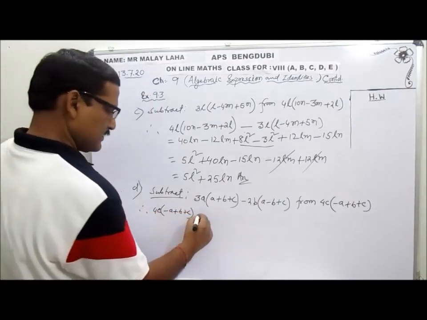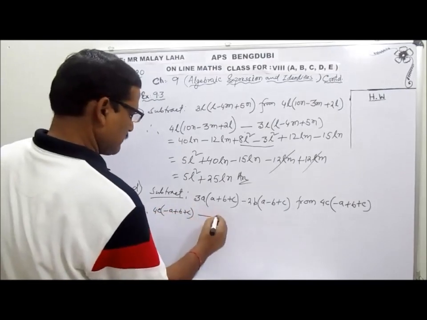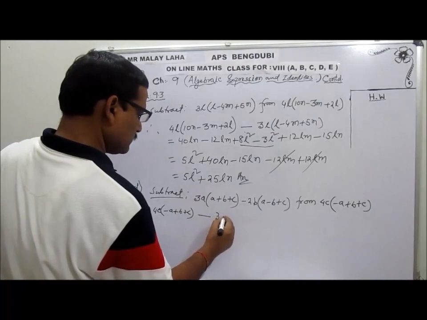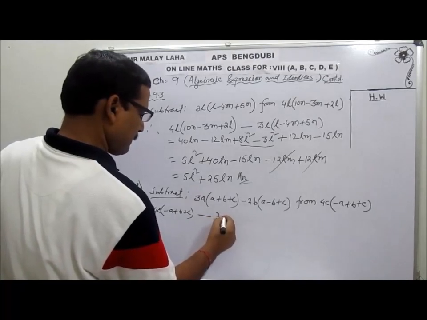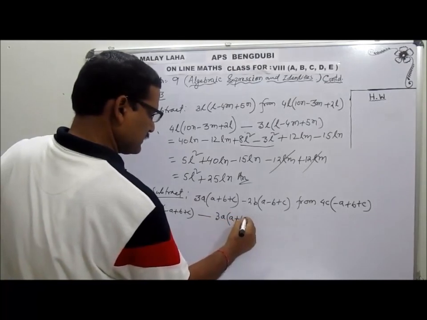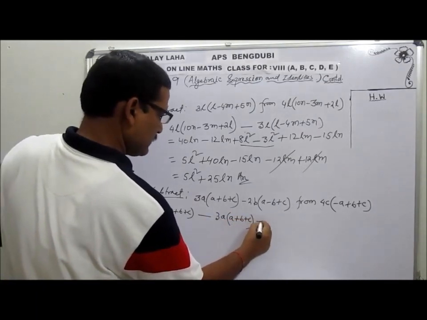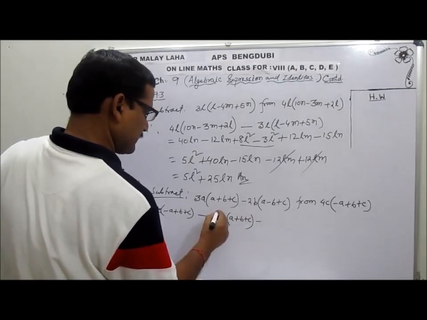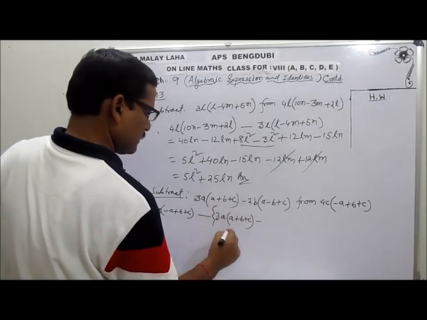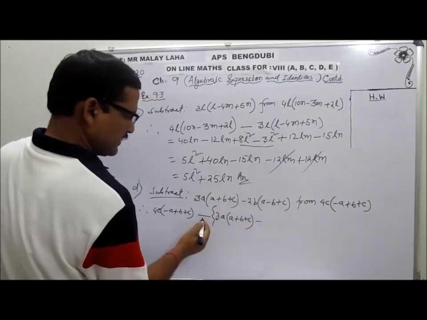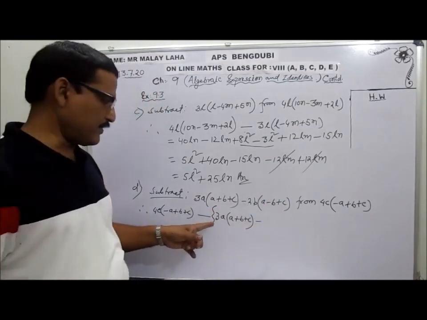Okay, subtract. What will we subtract? This one, 3a into a plus b plus c, minus... you can put it in a bracket, because a double expression is there and finally a minus sign is there. Why am I putting it in a bracket?